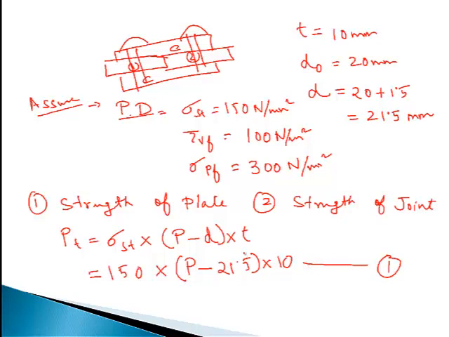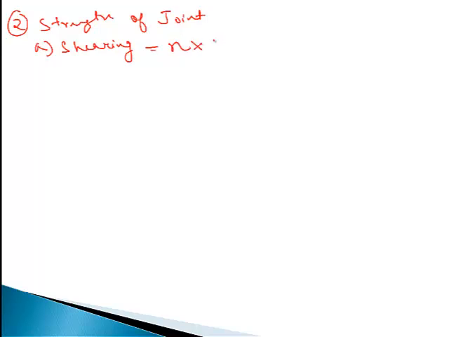Next, we have to find out the strength of the joint. The first one will be shearing. The formula is N into tau VF into pi by 4 into D square.